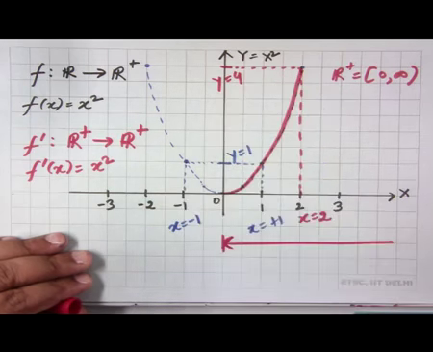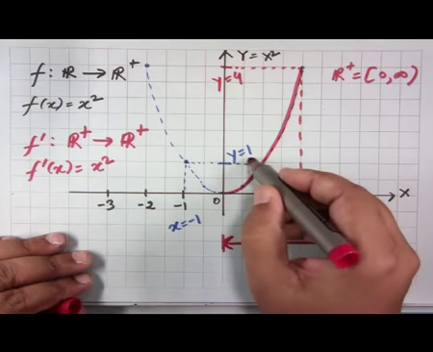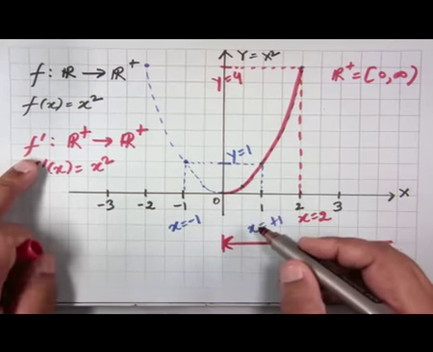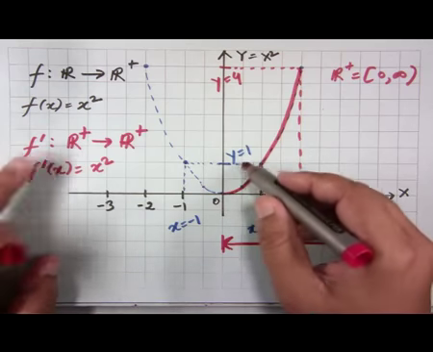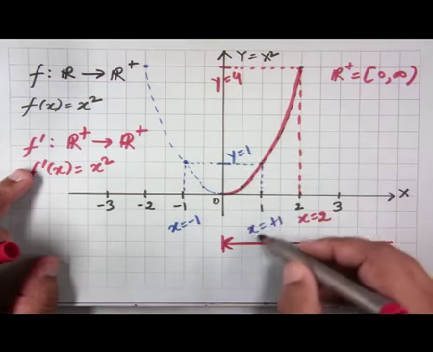In fact, even for y equal to 1, for the function f prime with the restricted domain, there will be only one unique solution, which is x equal to plus 1.